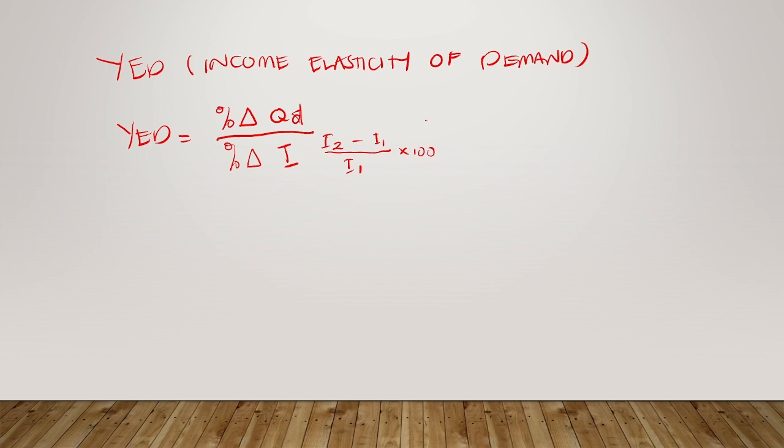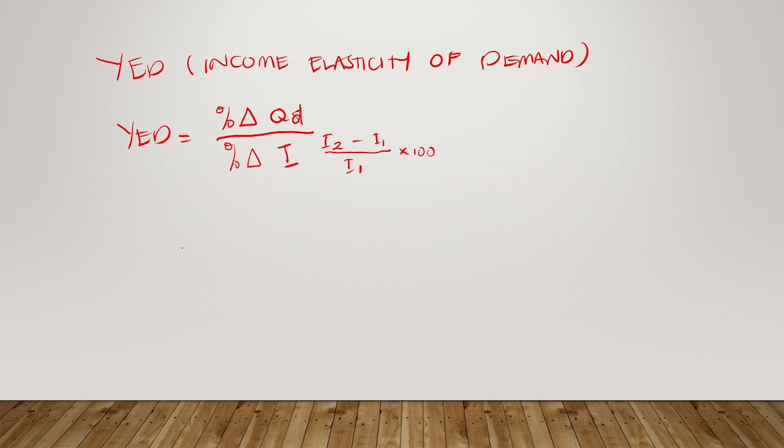But normally, when I make a test question for this income elasticity of demand, I will just give the percentage. You don't need to solve for the percentage change of QD.